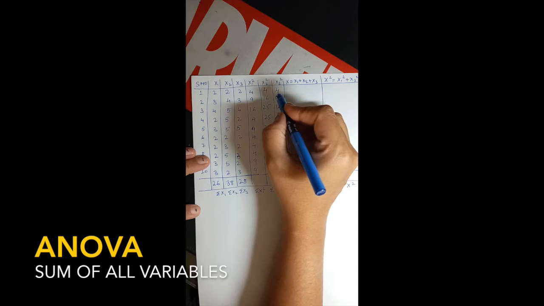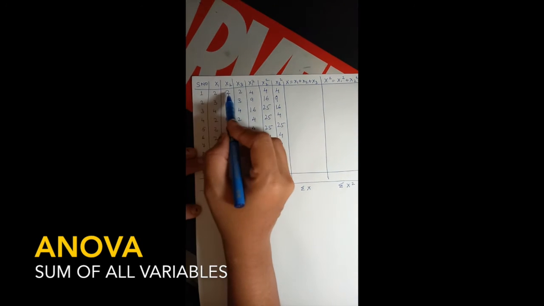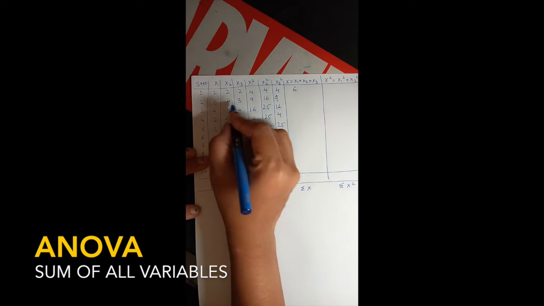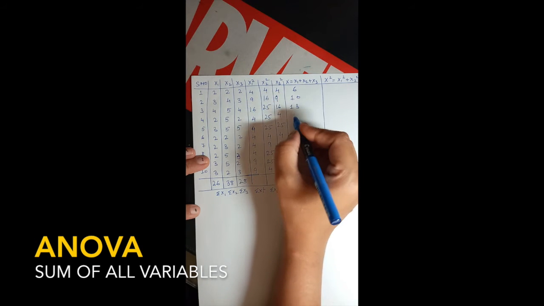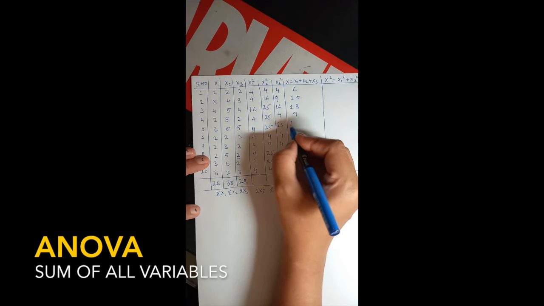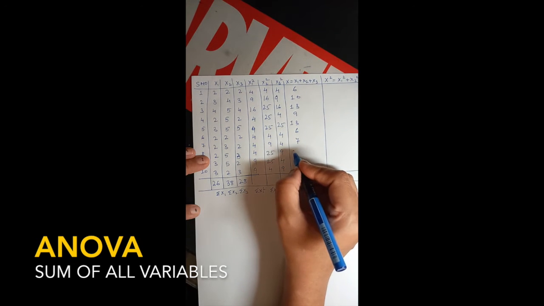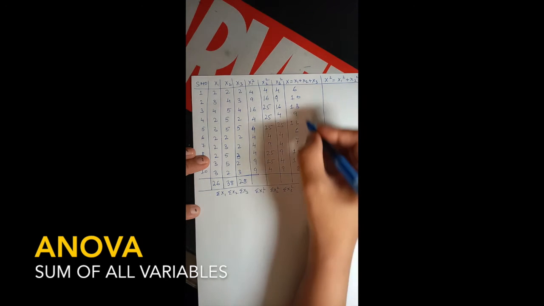another calculation where we need to find out the total of x1, x2 and x3, that will be x. See here, I've made a separate column, the seventh column, where I am taking the addition of x1, x2 and x3.